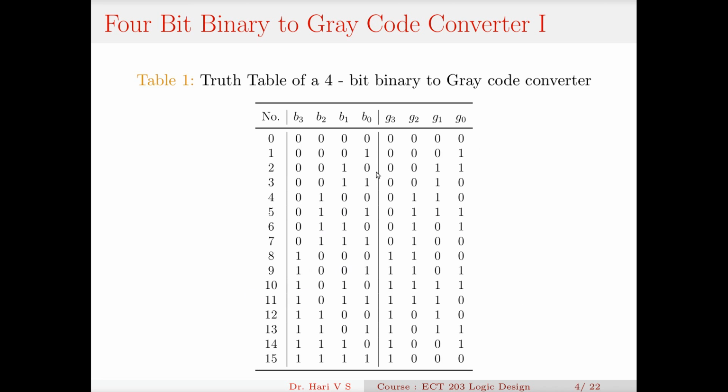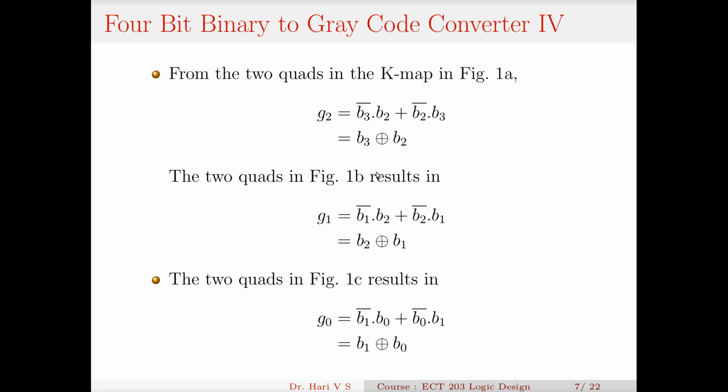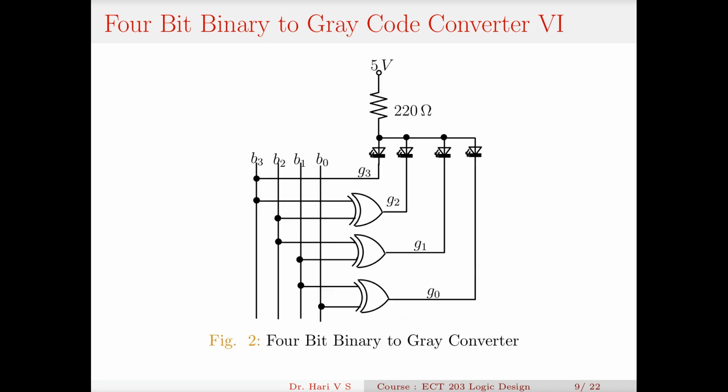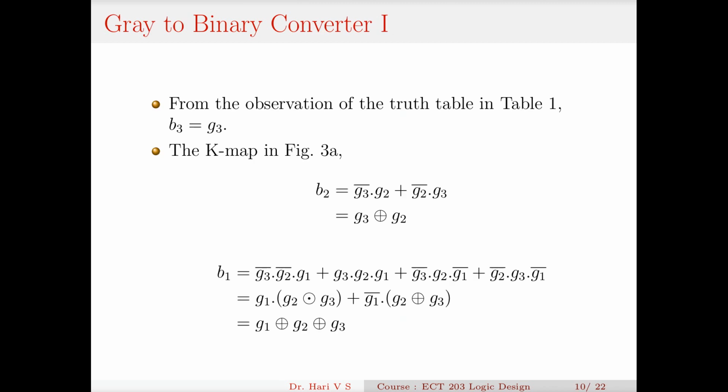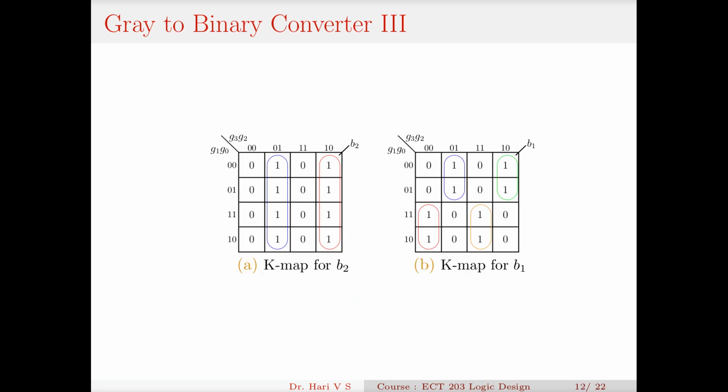Okay, so how I do here is, B3 is the same as G3. So B2 I do a K-map like this. It is 0 0 0 0 1 1 1 1 1 1 1 1 0 0 0 0.